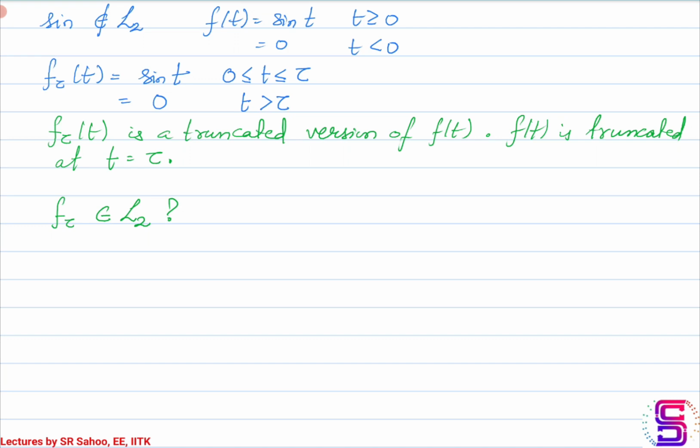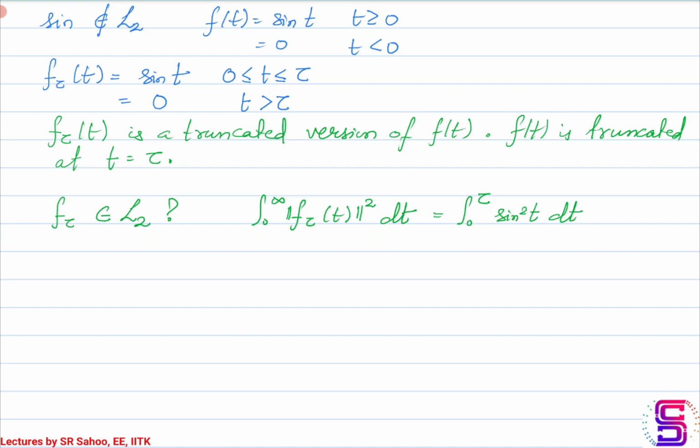For f tau to belong to L2, we need to check whether the integral from 0 to infinity of the norm of f tau of t, let's take the one norm for simplicity, raised to the power 2, dt, is less than infinity. This is essentially the integral from 0 to tau of sine square t dt. Why? Because from tau to infinity, f tau is defined to be 0.